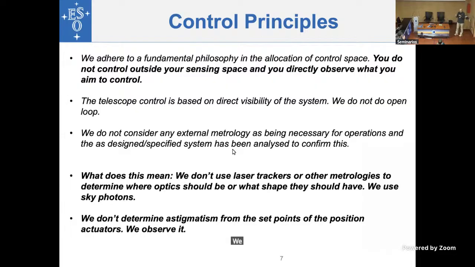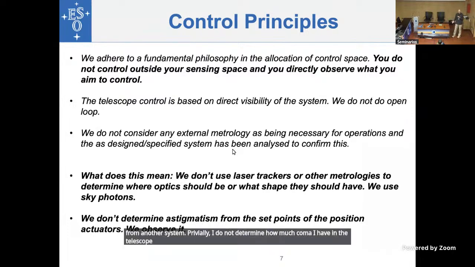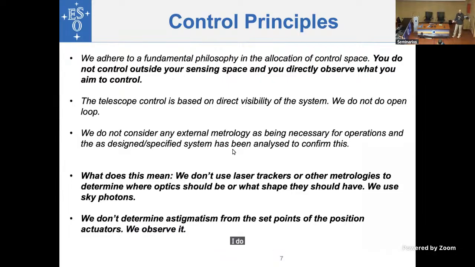We do not extrapolate; we do not infer the property of a system from another system. Trivially, I do not determine how much coma I have in the telescope by knowing the decenter of the primary to the secondary. I measure coma.